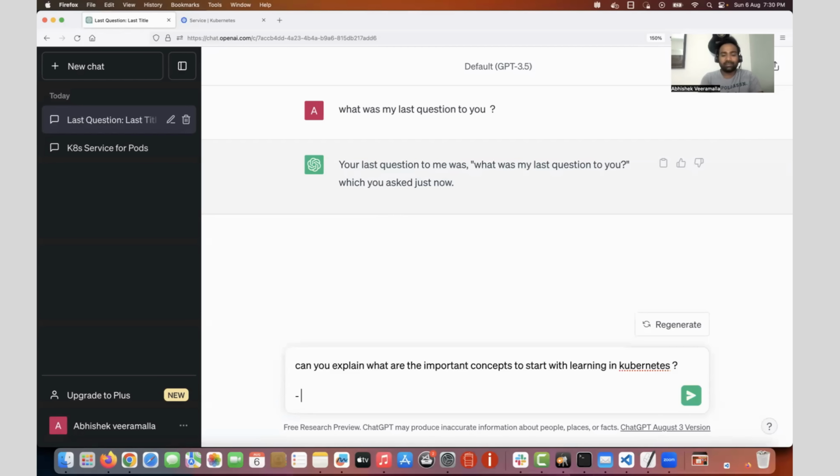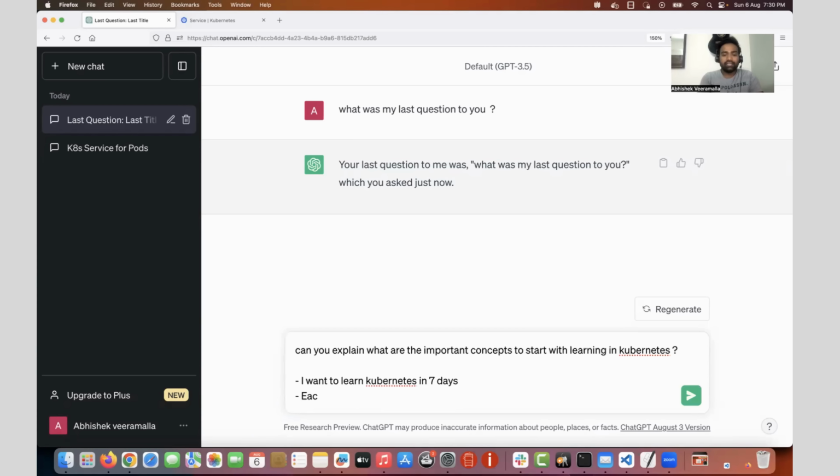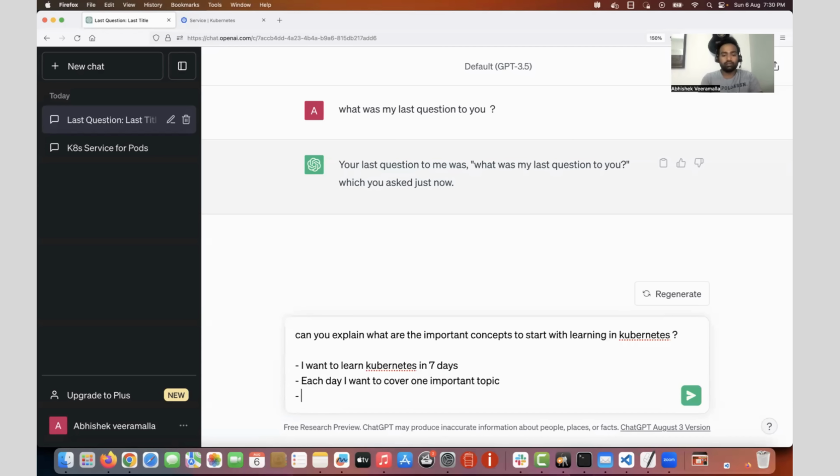And then tell ChatGPT that I want to learn Kubernetes in 7 days. For example, each day I want to cover one important topic with real life use cases. This is how you learn things with ChatGPT.